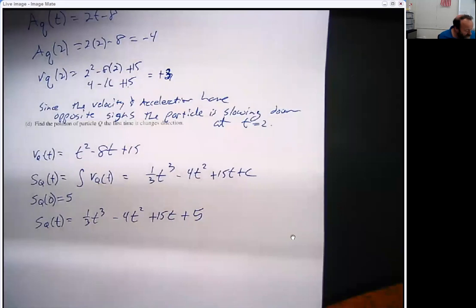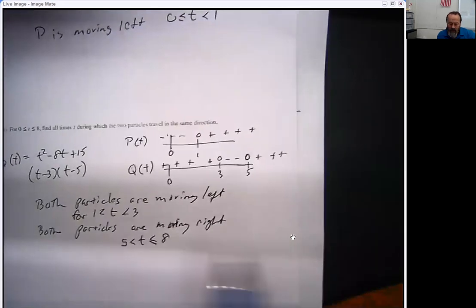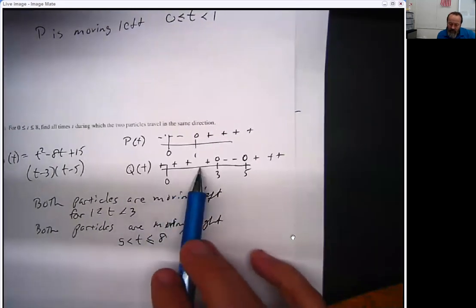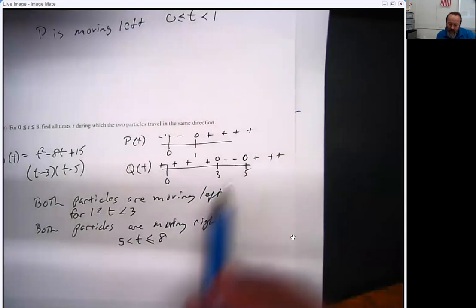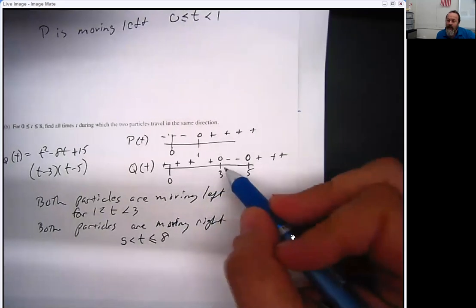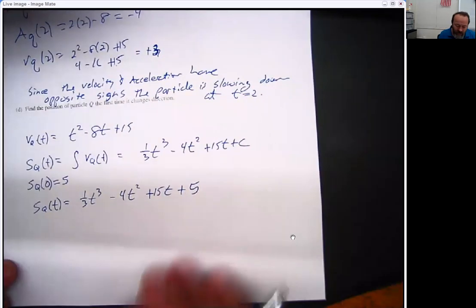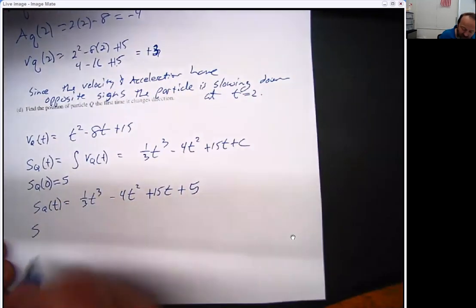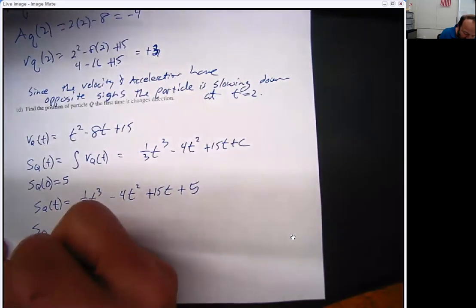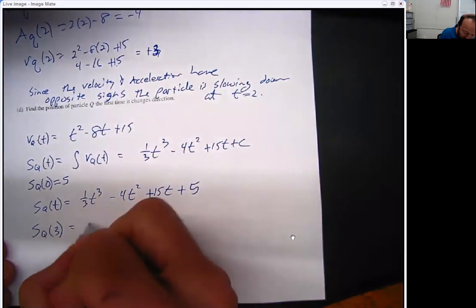Now, we learned earlier that the first time that this particular particle changed directions, going right back to here, notice we knew that it was going forward, then it went backwards, and then forward. So the first time that it changed directions was at 3. So they're asking me now to find out where that particle is at that moment. In other words, what is the position at time 3?